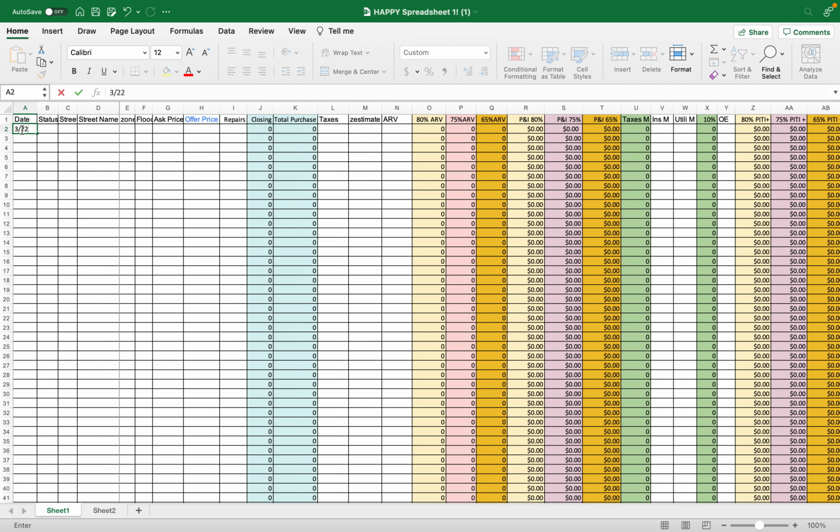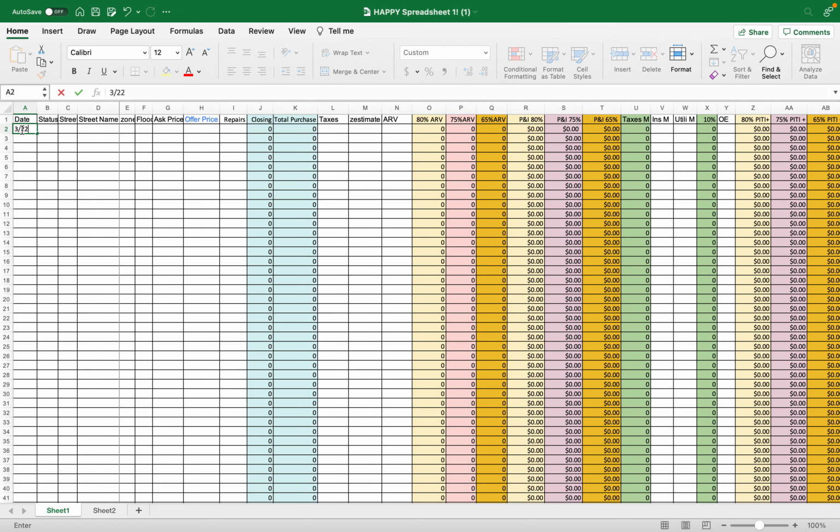I like to put the date when I analyze the property, because like I said, a seller might come back in July and say, about that property. So I can search for the property here, and I can see when I made that offer and at what price. That's where the date's important.